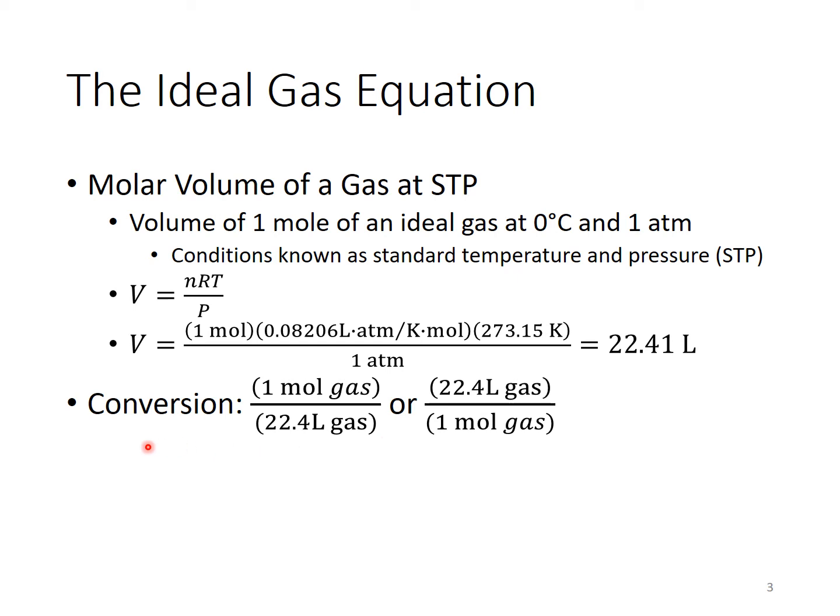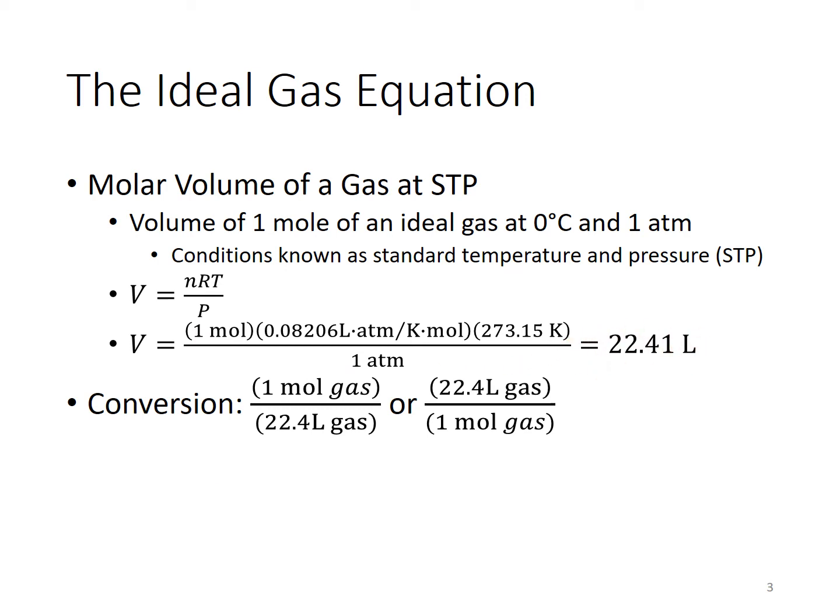Again, you can only use this conversion factor in our dimensional analysis if we are at STP. This is something that many of us will memorize, but if we're not at STP, it's no big deal. If we have a different temperature and a different pressure, it's totally fine. We can just plug those into PV equals nRT and find a volume.